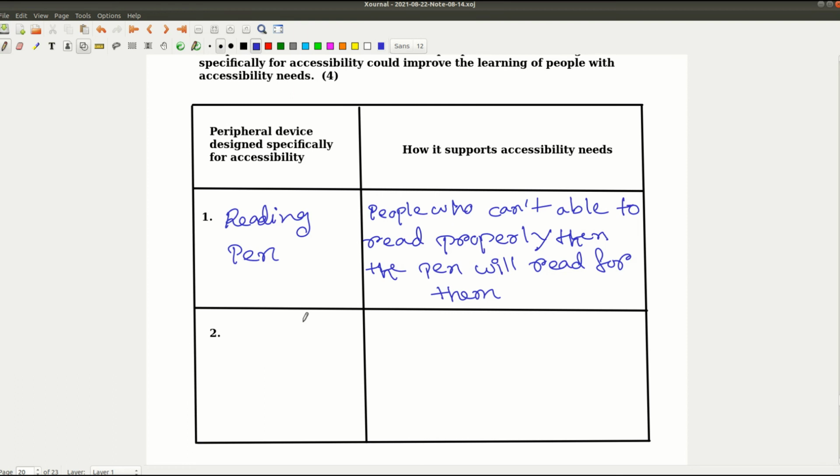Okay. Move to the next part. Okay, some people can be visually impaired, some people can't see also, right? So what happened, they can use a braille keyboard. So what does it do?